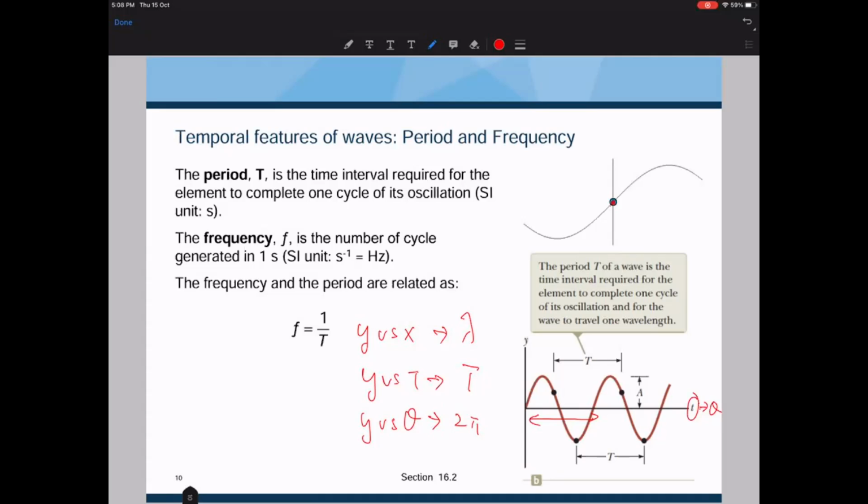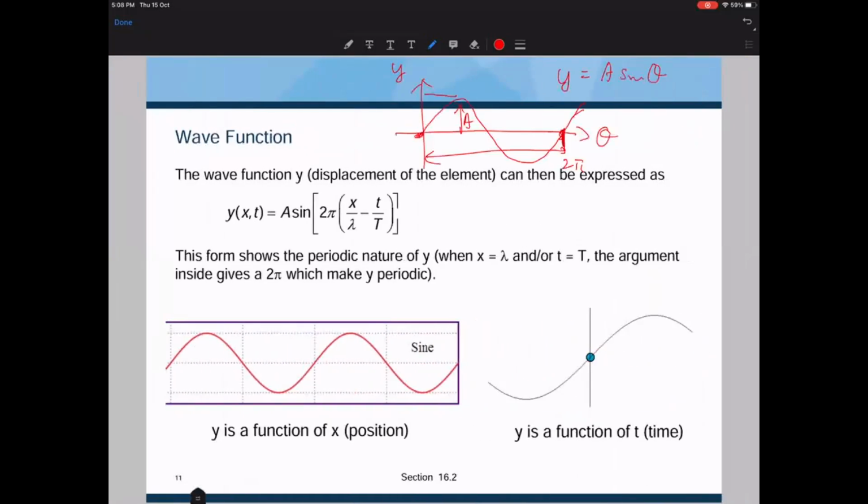So that is why we have the equation here. You could see that the 2 pi comes in the front. If x is equal to lambda and t equals 0, that could be treated as the snapshot graph 2 pages ago.